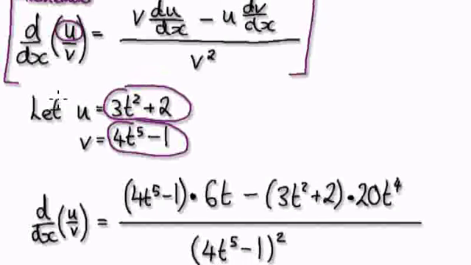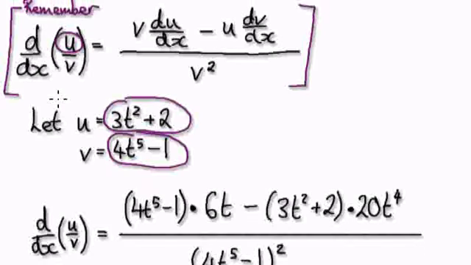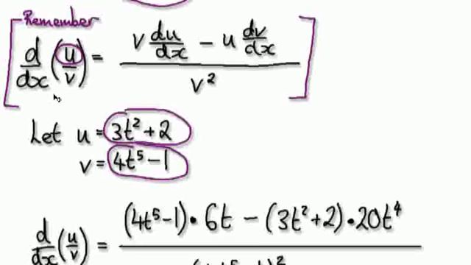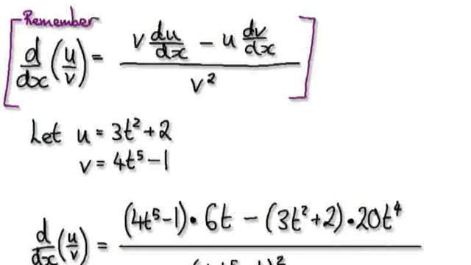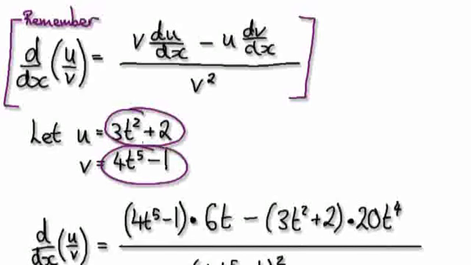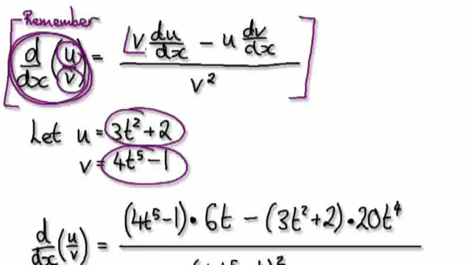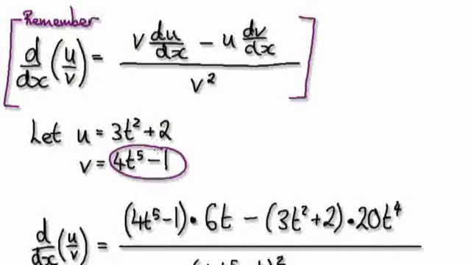So if you look at the quotient rule, don't forget this here is u and this here is v. So we are trying to differentiate u over v. Now to find the derivative of the whole thing, keep v the same. Look at v here. It's saying keep v the same.